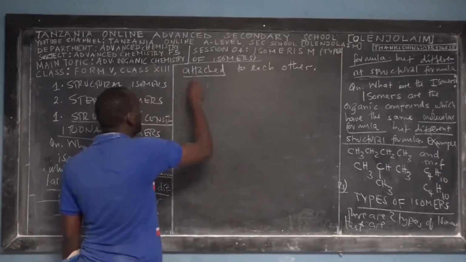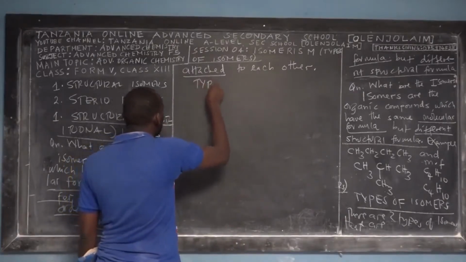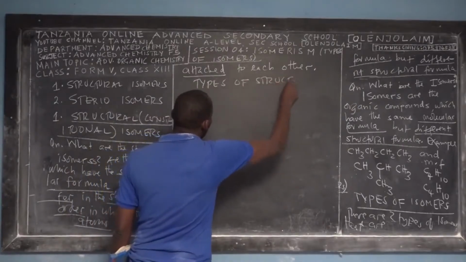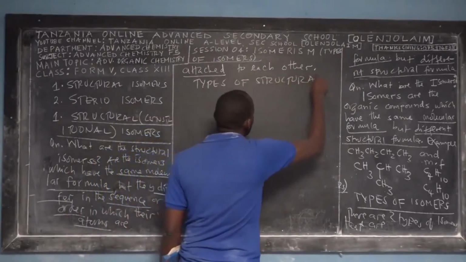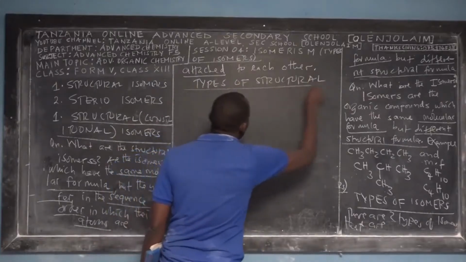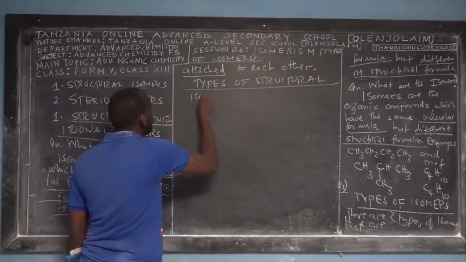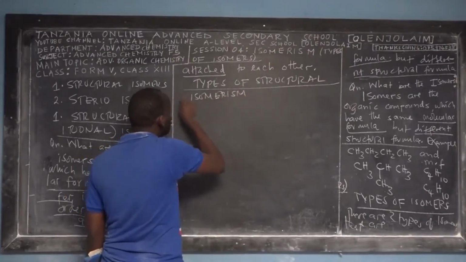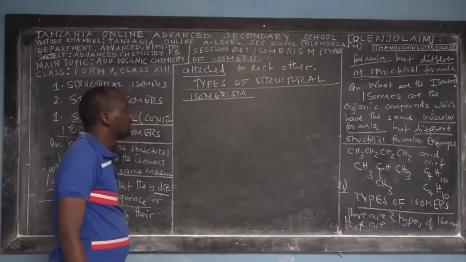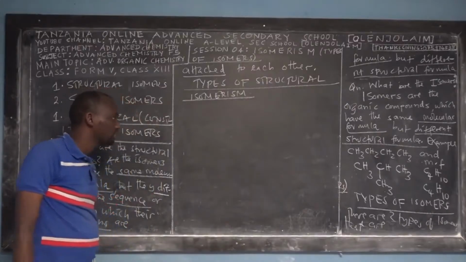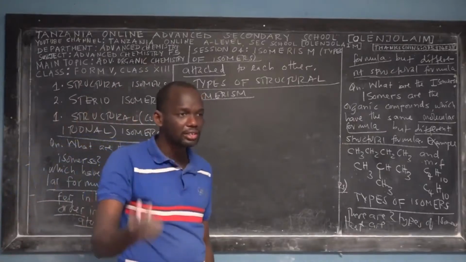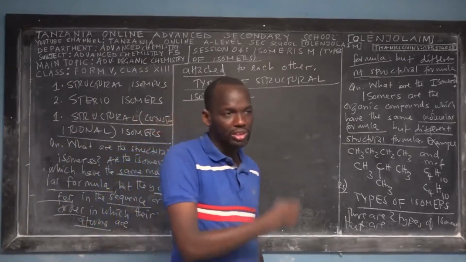I won't discuss all of them, I'll just discuss some of them. Types of structural isomerism. You can go to the chemistry book, advanced books, find a page written as isomerism, read it, summarize, and write notes, compared to what I've been teaching you.